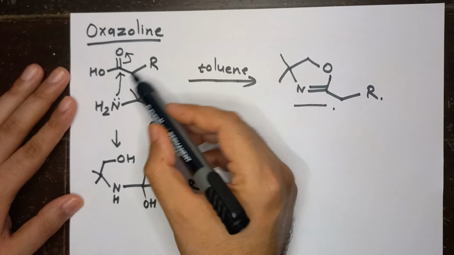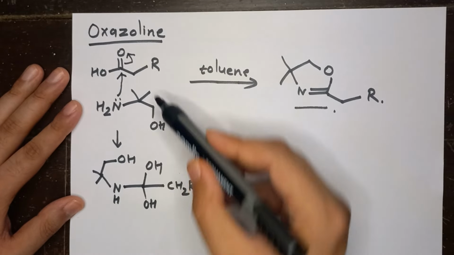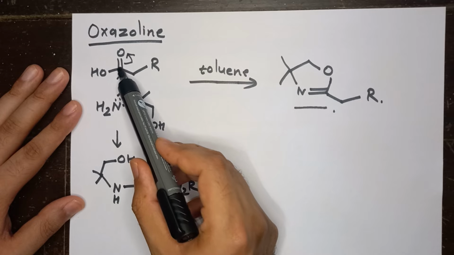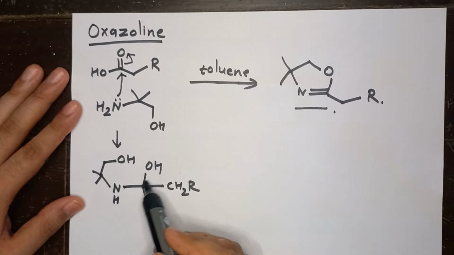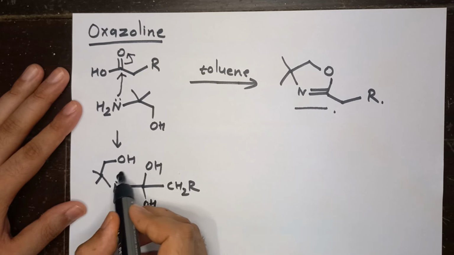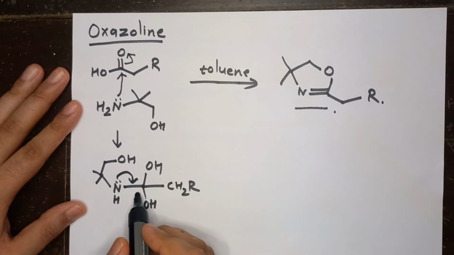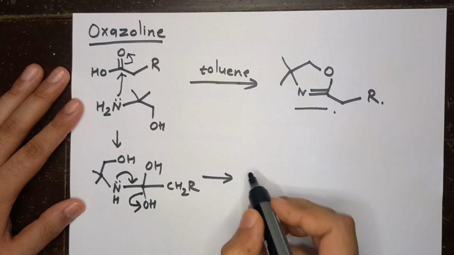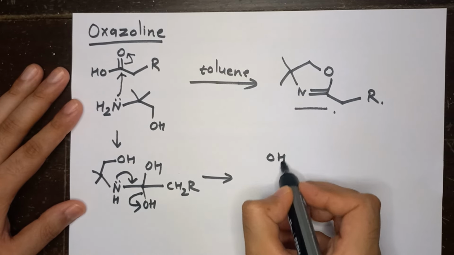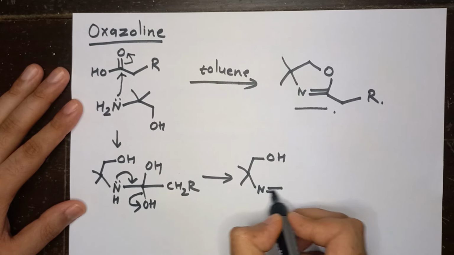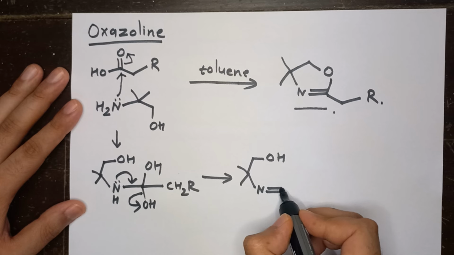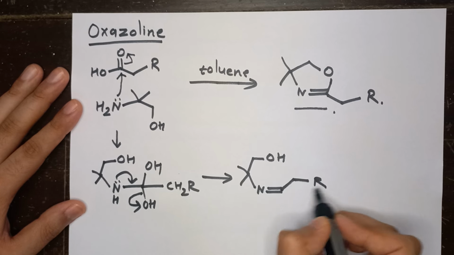This is a CH2R group. So I just connected this nitrogen with this C, converting this C double bond O into OH. Now this nitrogen lone pair will form double bond here and will eliminate this OH group. So this will give me OH, nitrogen doubly bonded with, we have CH2R and we have OH.